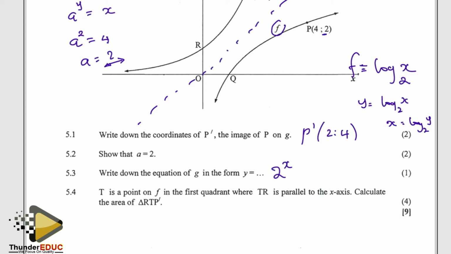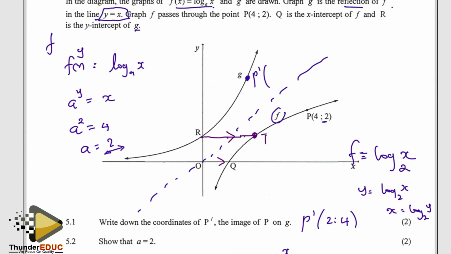What this means is that if I put my T here and I draw a line, this line must be parallel to that. Okay, interesting. Calculate the area of RTP'. So if I connect this, and then I connect that, so that I have my triangle.